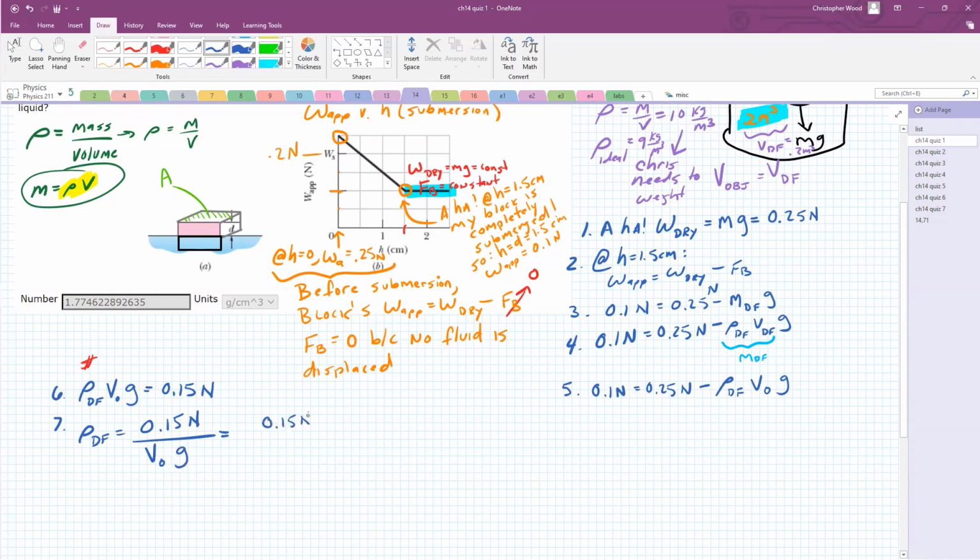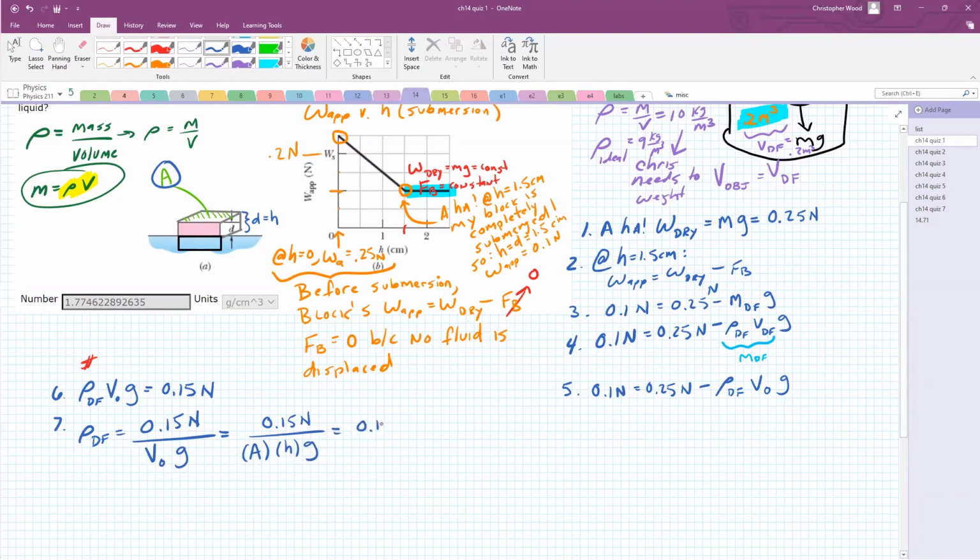So with even more numbers, 0.15 newtons is in my numerator. My denominator is the volume of the submerged block. The volume of the submerged block is its cross-sectional area, A, right here, times this dimension right here, which is D. And we now know that D equals H. So it's A times H times g. Let's keep going.